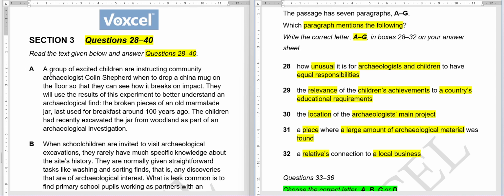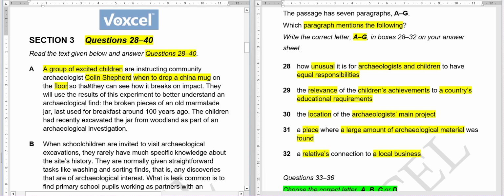A option. A group of excited children are instructing community archaeologist Colin Shepherd when to drop a china mug on the floor so that they can see how it breaks on impact. They are telling Colin Shepherd to drop a china mug, a kind of cup that breaks when it hits the floor.